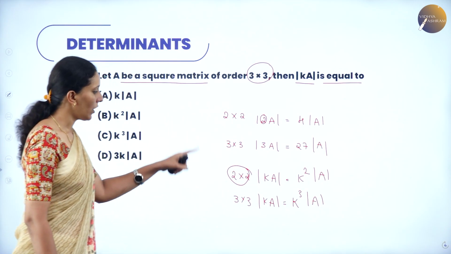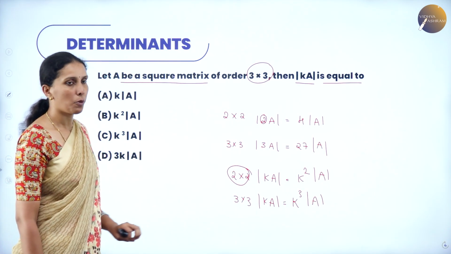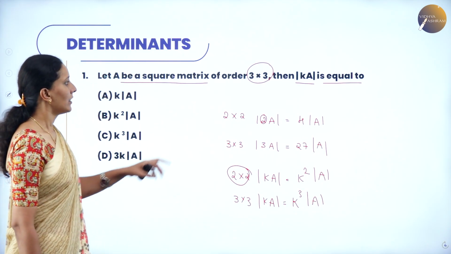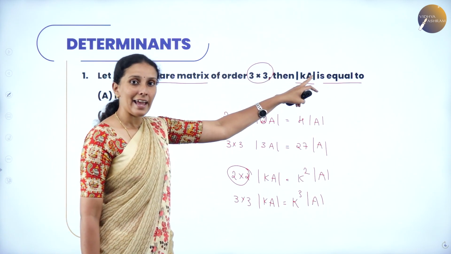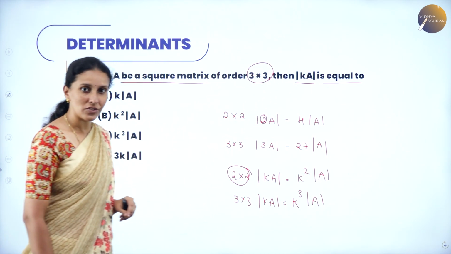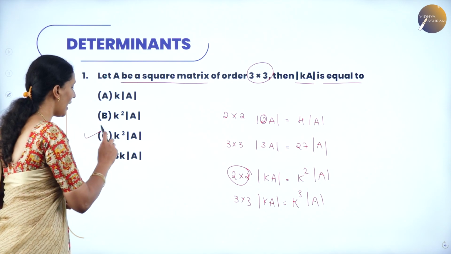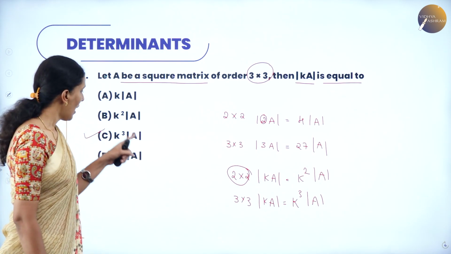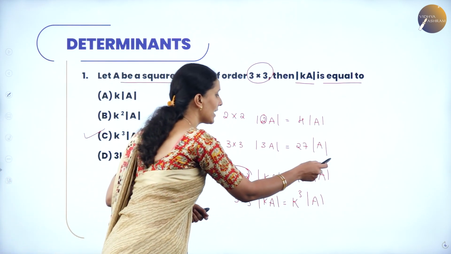So according to this property, we can clearly say the determinant of kA of a 3x3 matrix is k cube times determinant A. And this can be verified with this example.